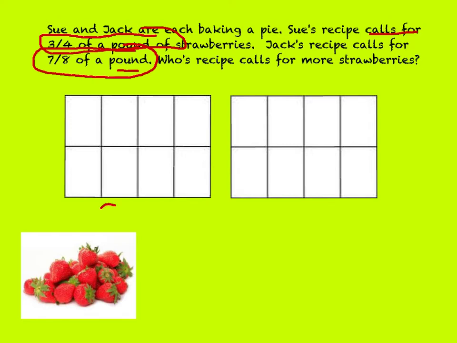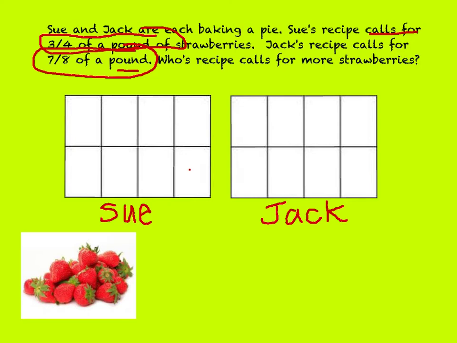We're going to have this one be Sue, and this will be Jack, and these are our fraction models that we're going to use. Sue's is broken down into fourths, but this rectangle has 8 parts: 1, 2, 3, 4, 5, 6, 7, 8.